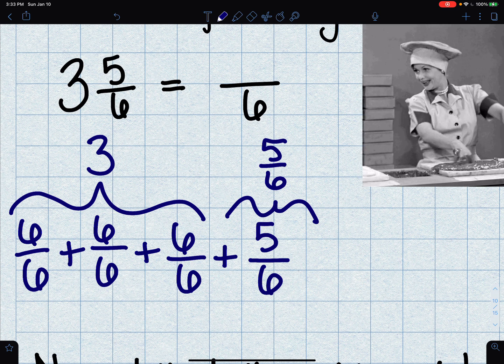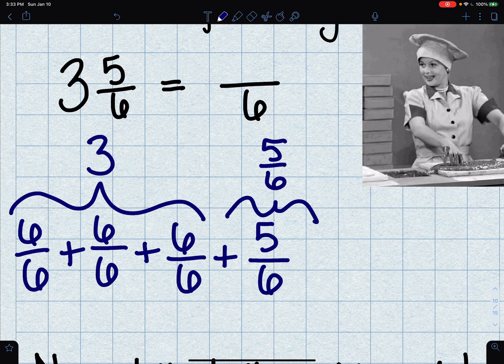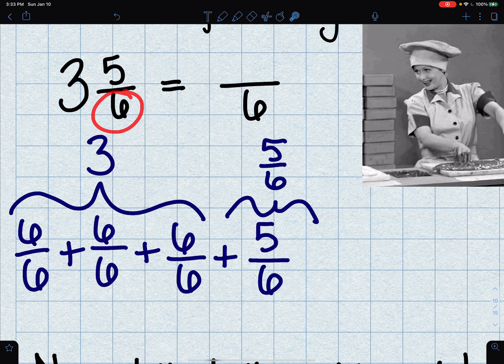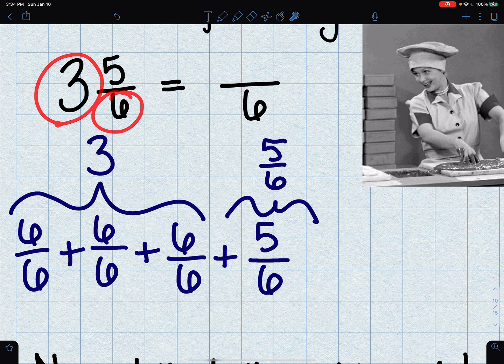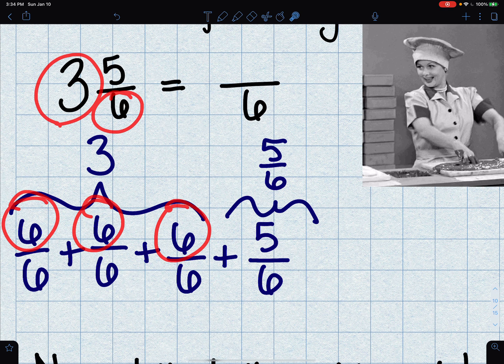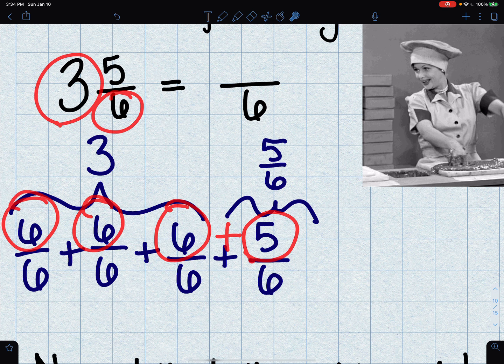Okay? Now the easier way to do that, instead of writing 6/6 plus 6/6 plus 6/6, is going to be, well, what is 6 times 3? 6 times 3 is 18. See how we have 18 pieces here? 6 times 3 is 18. And then you also have to add in, instead of adding another 6, you're going to add in another 5.